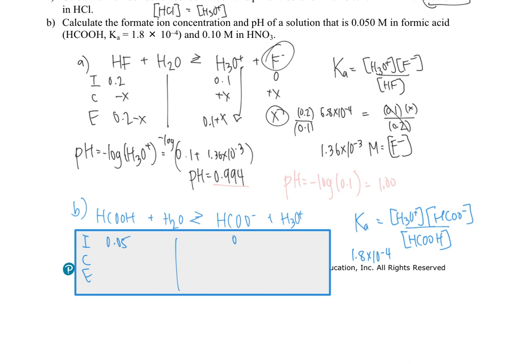It doesn't say. It could have said I had like potassium formate, but I don't. I have nitric acid, so 0.1 molar. And remember, nitric acid is a strong acid, so that means that I know my hydronium concentration is 0.1 molar. So then once again I do minus X, and then I do plus X.